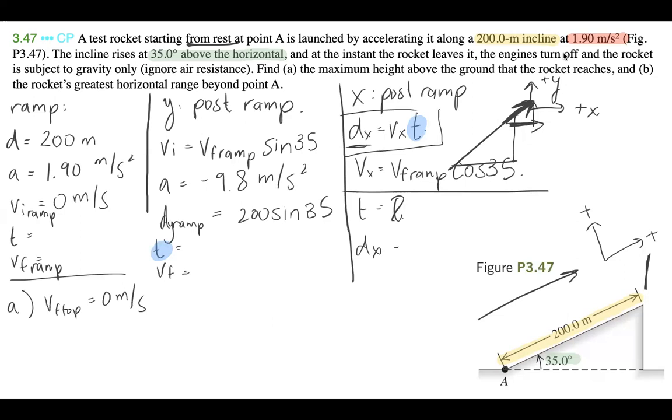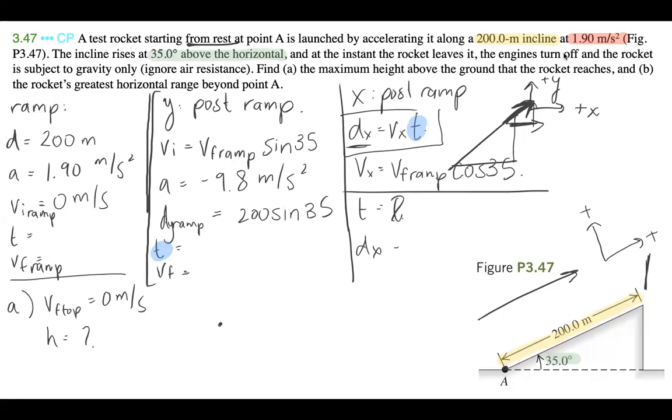Because we know that, and we're trying to solve for the maximum height, we want to find out what height is, right? So we don't know that. What other pieces of information do we know? Well, we're trying to find the maximum height above the ground that the rocket reaches. This problem's a little bit tricky, but we can use our y post ramp, because once it's off the ramp, that's when the engines turn off.